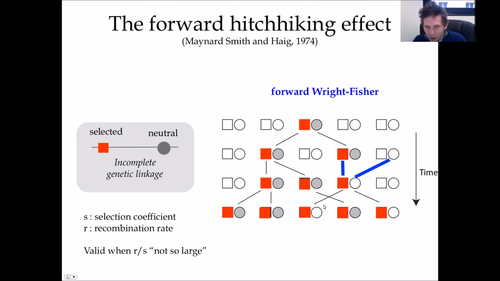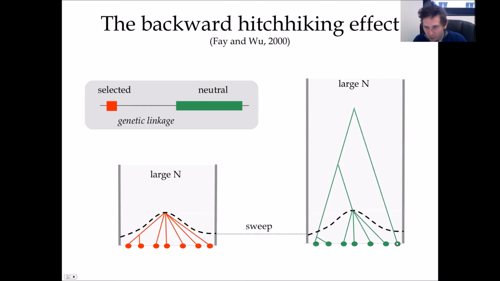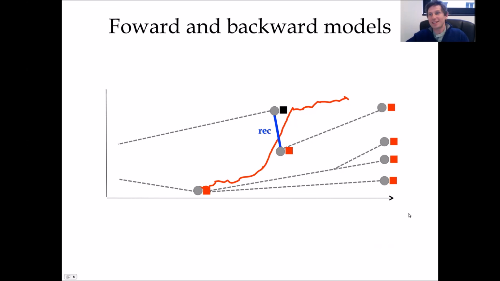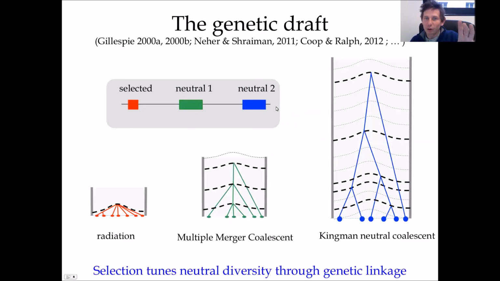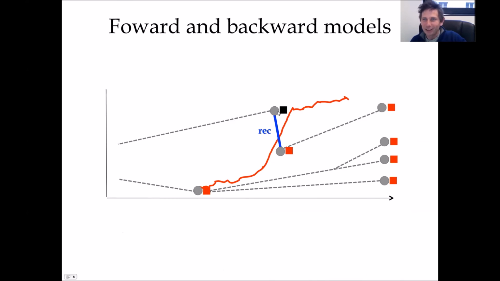They will coalesce to this one, but the white circles will have a different history, and those are these ones. Now if you look at the process backward, you have this process where the two loci are together, and any time you have a recombination, they have a different genealogy, exactly as I explained at the beginning of the talk, where recombination uncouples the genealogies, right?